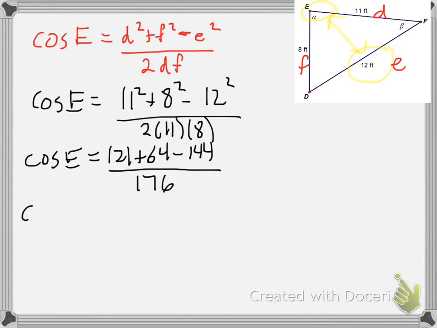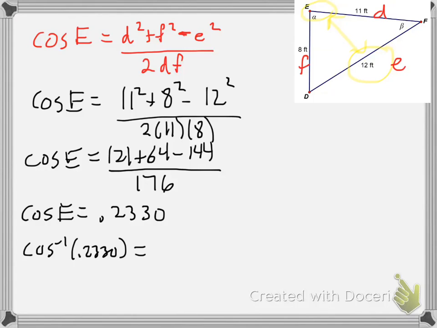When I do that, I get the cosine of E equals 0.2330. Now I've got the decimal, remember 8 decimal places in there, so I'm going to arc cosine 0.2330, and that gives me E, which is alpha.